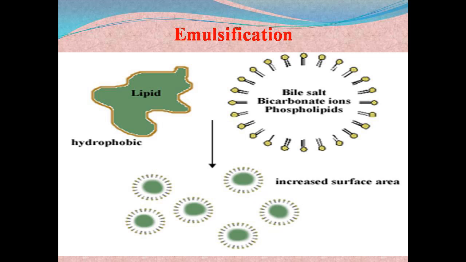They break up the lipid into many smaller droplets and thereby reduce the surface tension of fat and increase the total surface area of fat for lipolytic enzyme activity, specifically pancreatic lipase enzyme activity, and thereby increase the rate of fat digestion. Emulsification increases the surface area of fat particles by 1000-fold.